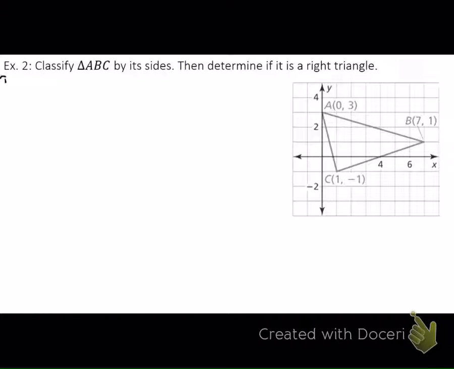So, the first thing we have to do is the distance formula on all three sides. So A is 0, 3 and B is 7, 1.